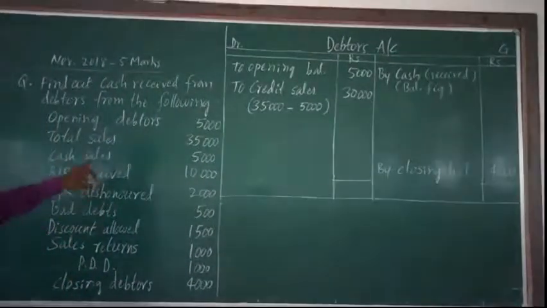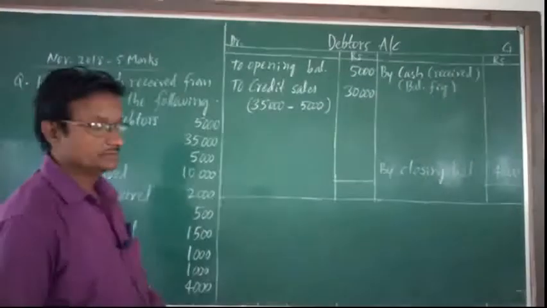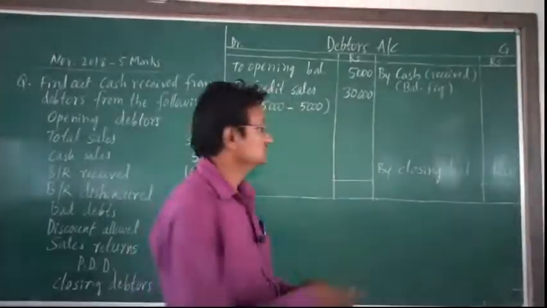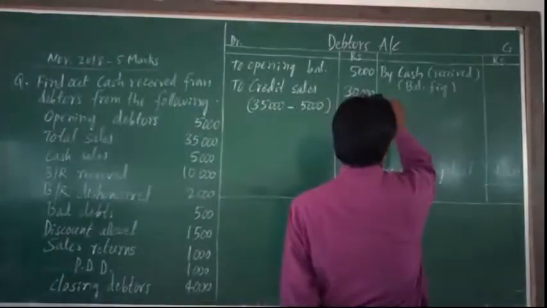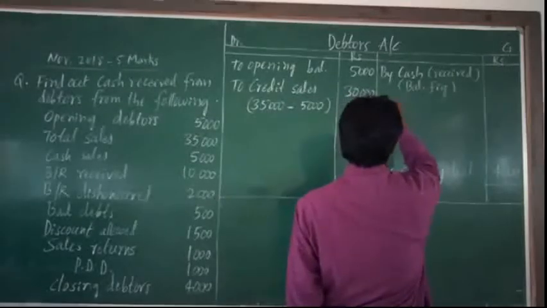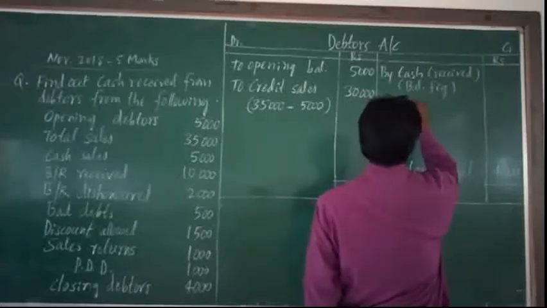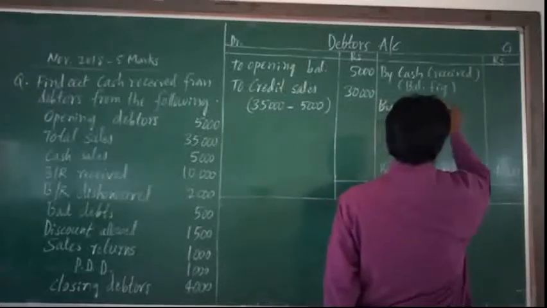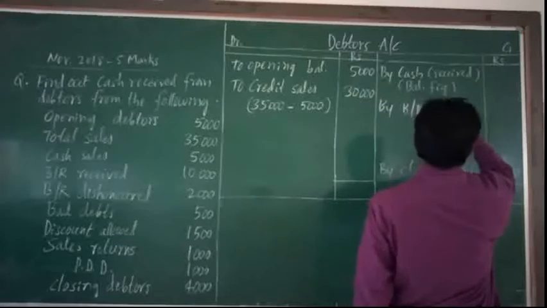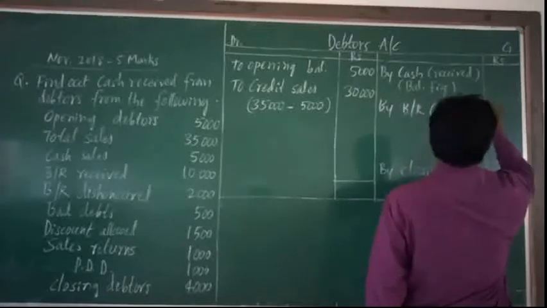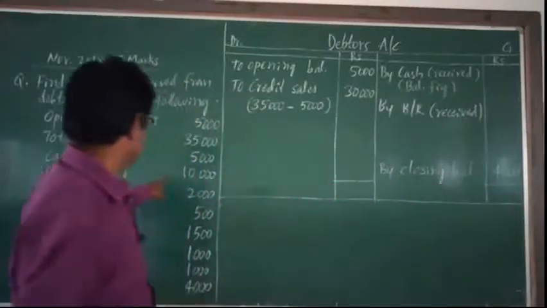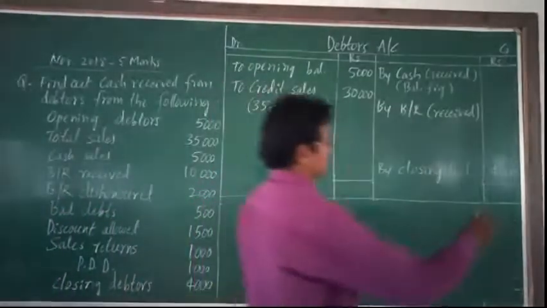So next item is bills receivable received from debtors. The entry in the debtors account is on the credit side, by bills receivable account. Bills receivable received from debtors is 10,000.